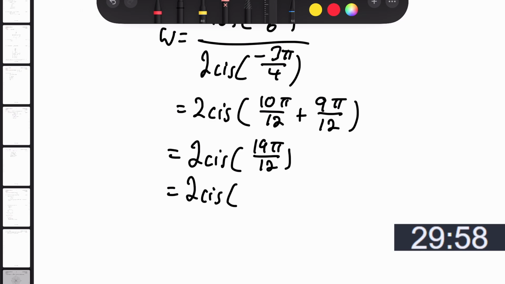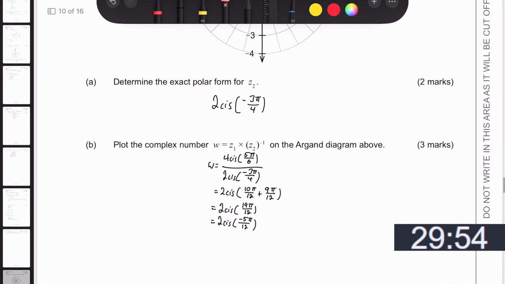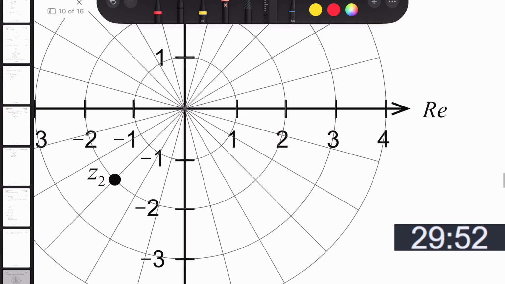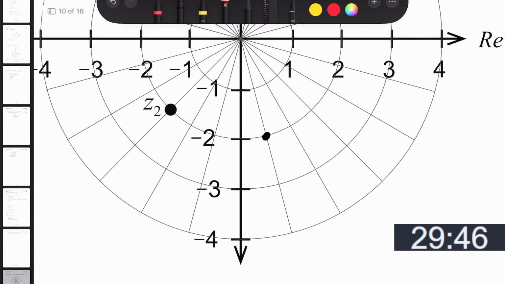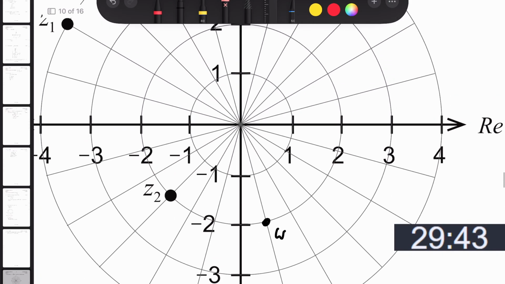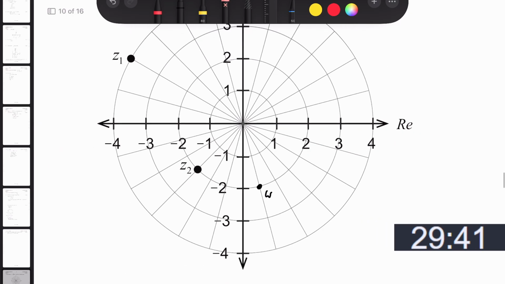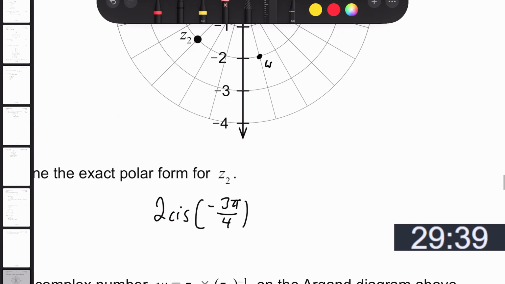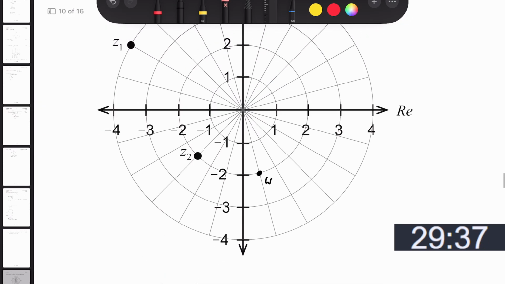So you've got 5 the other way, so negative 5 pi on 12. So that's 1, 2, 3, 4, 5, 12, right there. So this is W. It's half, and then we need to go 9, so 1, 2, 3, 4, 5, 6, 7, 8, 9. Yep.